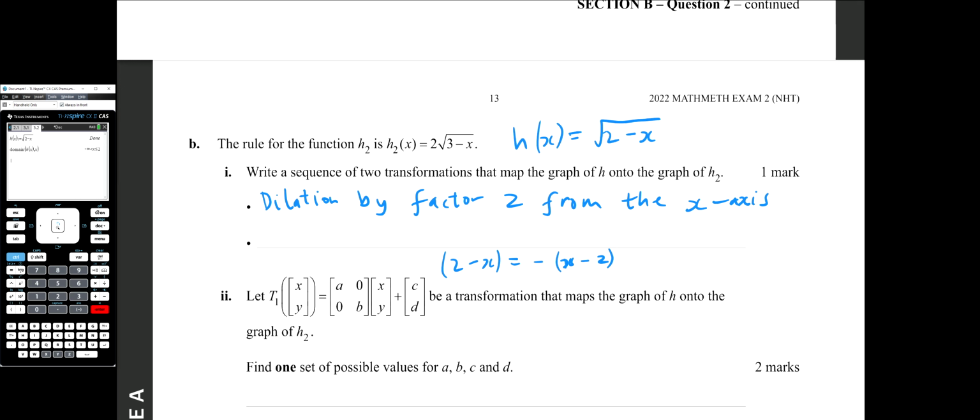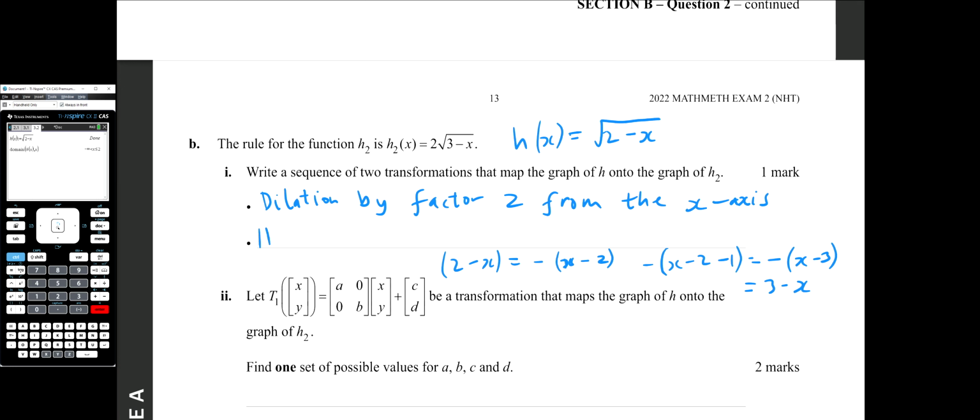So we need to transform x − 2 into x − 3. In order to do that, we need to translate to the right by 1. When you translate to the right by 1, your −(x − 2 − 1) would be −(x − 3), and that of course equals 3 − x.